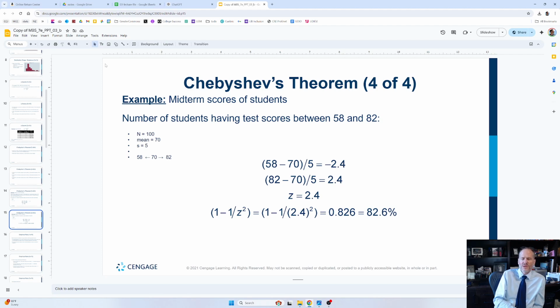In this module 3, we're using numeric representations of data as descriptive statistics. And so here's a numeric representation of data that gives us insight. It's a descriptive statistic. It gives us insight into our data. And it's Chebyshev's theorem. And when we calculate it, we could see things like 82.6% of our students have test scores between 58 and 82.